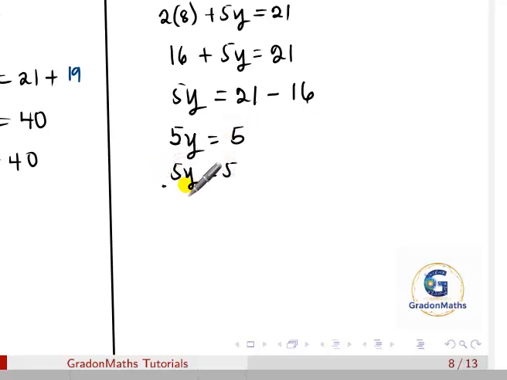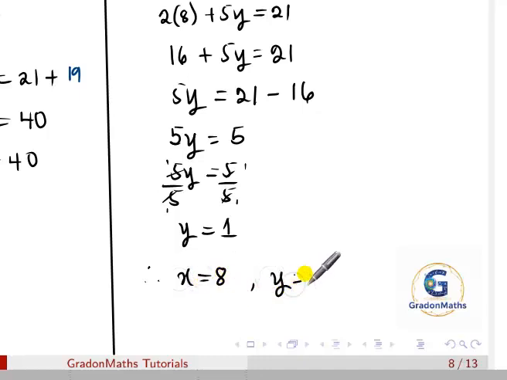So divide this side by 5 and the other side of the equation by 5. y is equal to, 5 divides itself, 1 divides that 1. So we have y is equal to 1. So we can see that we have x is equal to 8 and y is equal to 1. This is the solution to the system of equations we have above.